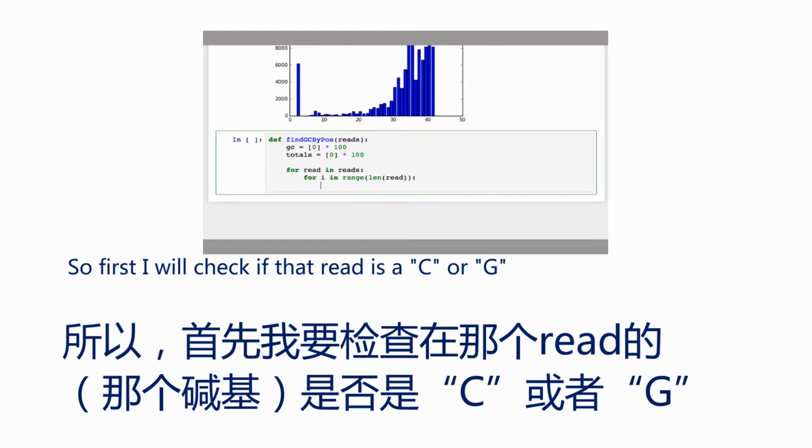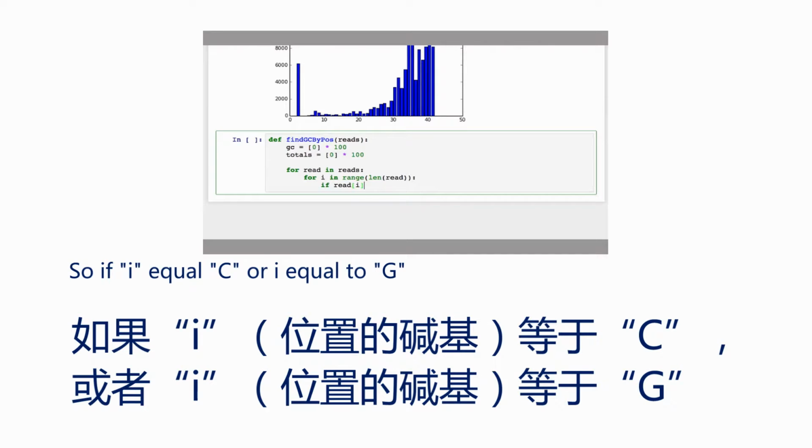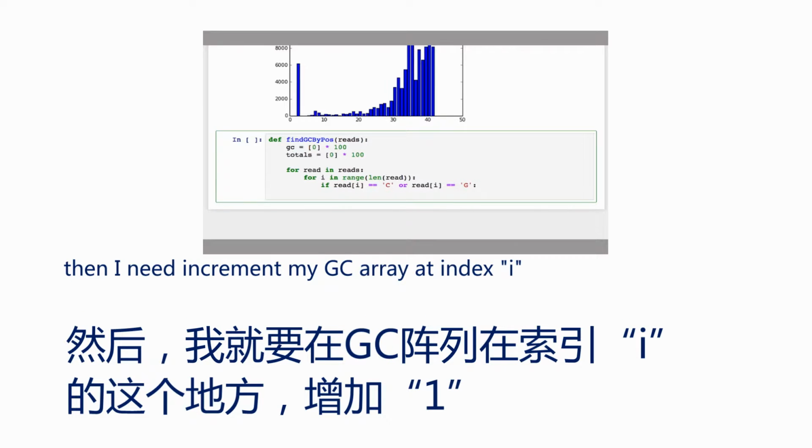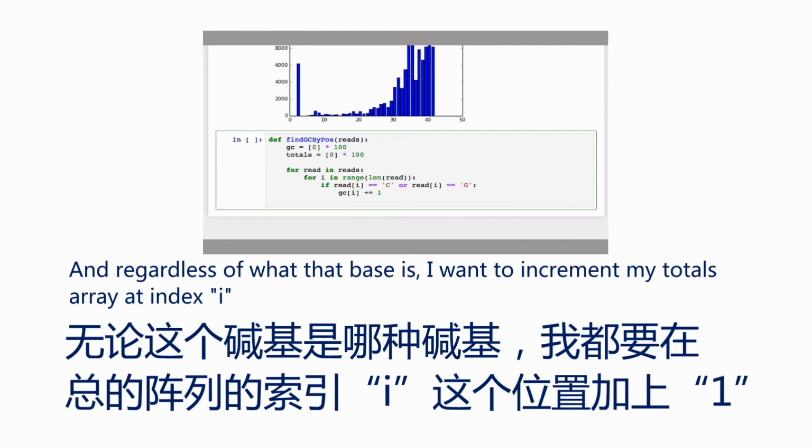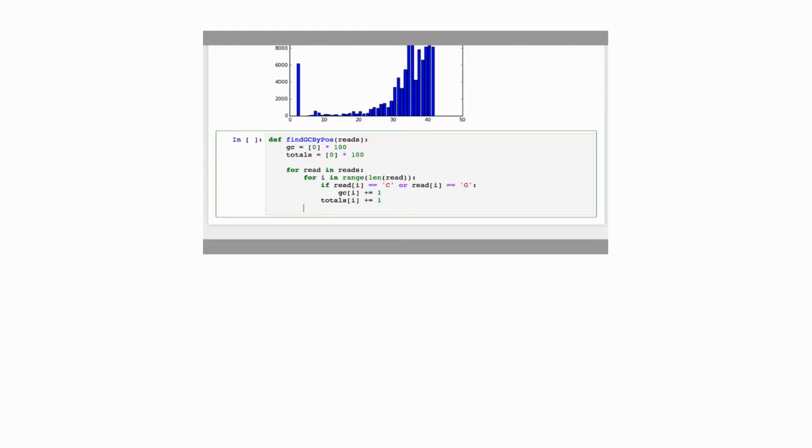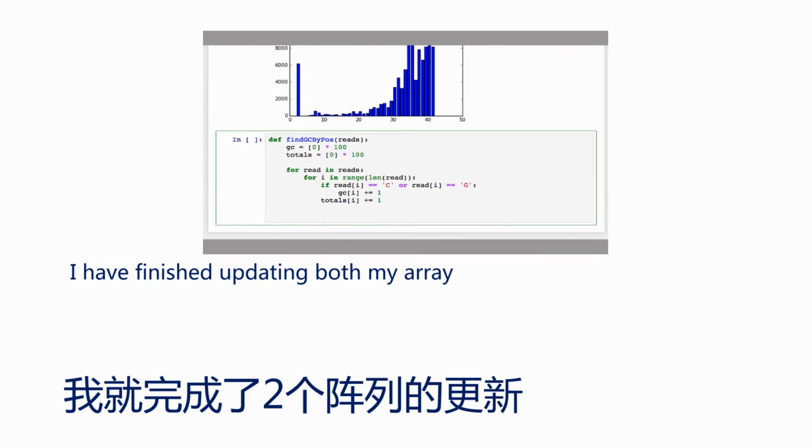First I want to check if that base is a C or a G. So if read[i] is equal to C or read[i] is equal to G, then I need to increment my GC array at index i. And regardless of what that base is, I want to increment my totals array at index i. So once I've finished this loop, I'll have finished updating both of my arrays.